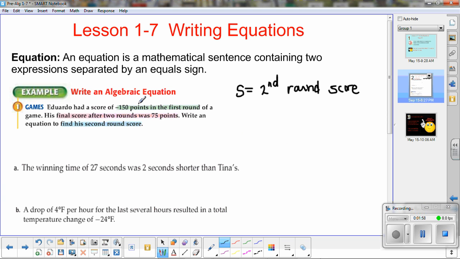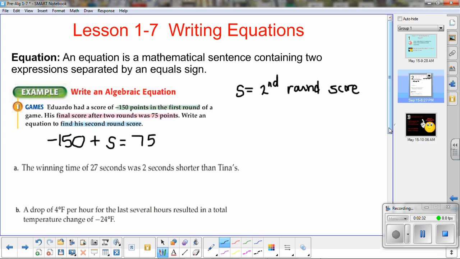Round 1 we know was a negative 150, plus round 2, which I don't know, so I'm going to call that S, is going to equal his final score, which was 75 points. Negative 150 plus S equals 75 is your final answer. That's your equation that represents this situation.